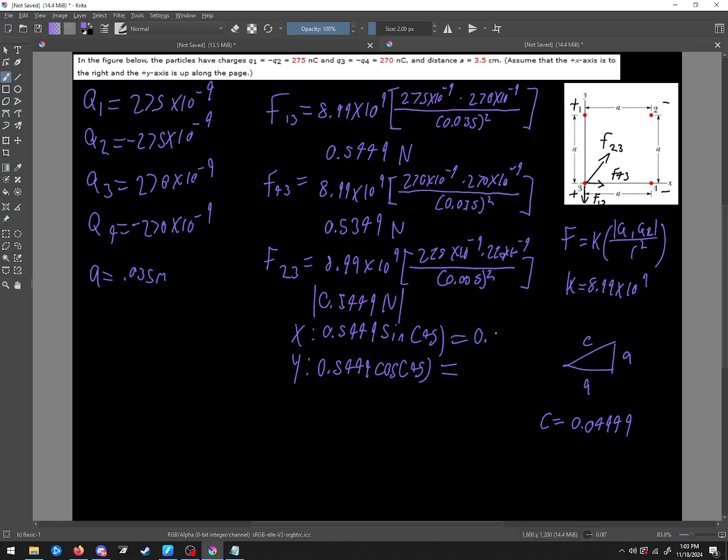This is going to be 0.385, and then the cosine, it should be the same thing. I think sine and cosine are the same thing. Yeah. 0.385. We can add a 3. Okay. Now, f13 is completely in the y. So we can say this one's y, and this one's completely in the x.